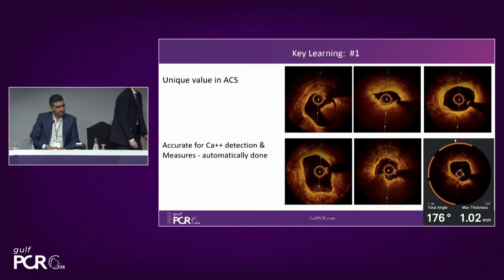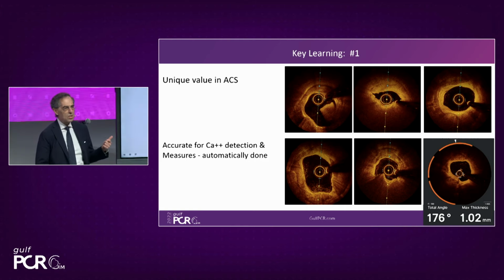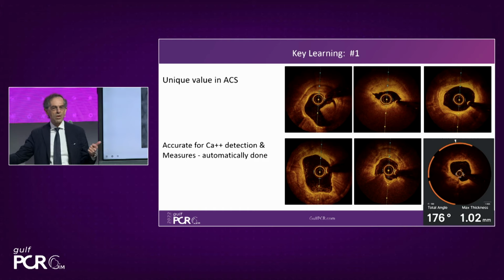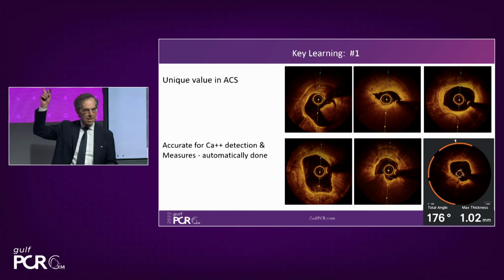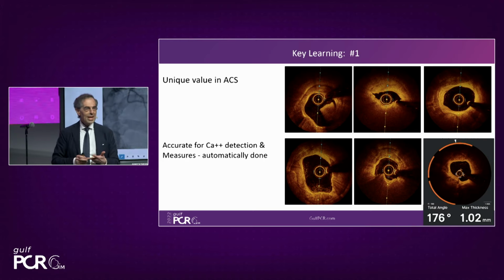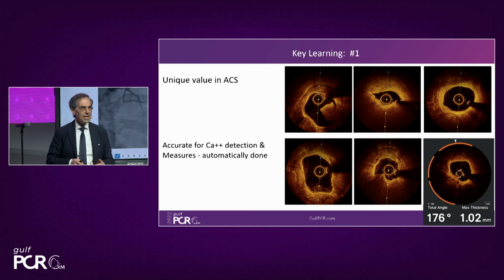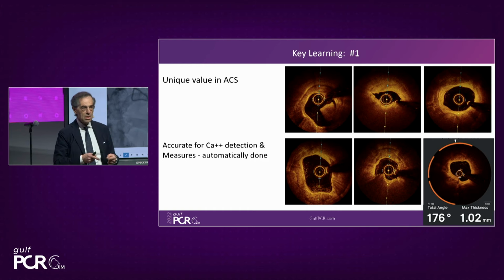So the point is, what did we learn? Number one, there's a unique technology in ACS patients because it's going across all types of lesions. You have the thrombus on the upper part on the left side. It can detect the lipid-rich plaque, which is normally involved in causing the ACS, but at the same time, you can also detect calcium and trace the calcium border.